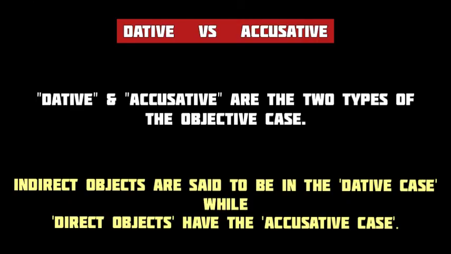Now, indirect objects are said to be in the dative case, while direct objects are said to be in the accusative case. But both dative and accusative are the two types of the objective case. And in modern English grammar, both dative and accusative cases are regarded as the same objective case.